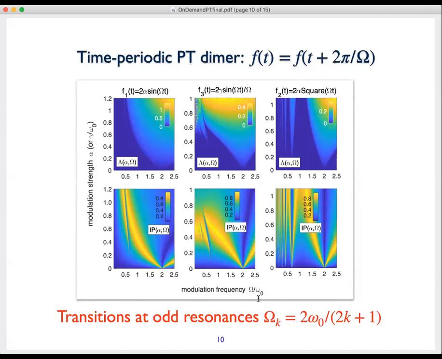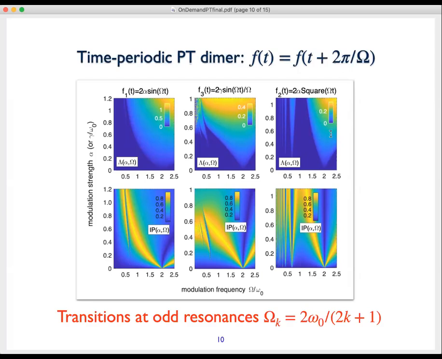These are all constrained variations of this type. Let me first go over the top figure. The top figure shows some metric in which deep blue corresponds to the PT symmetric phase, and any other color corresponds to the PT broken phase.